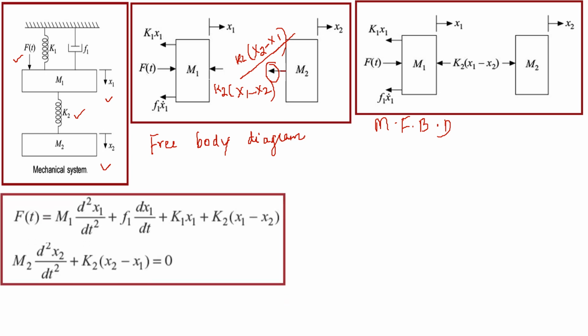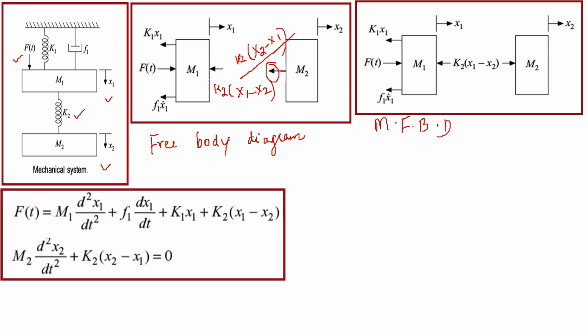Next, I am going to write the equations. The first equation is, due to mass m1, F(t), that is the external force. The internal forces are m1 into d square x1 by dt square, then f1 into dx1 by dt due to the frictional element, and due to spring element k1 into x1, and another spring element k2 into (x1 minus x2).